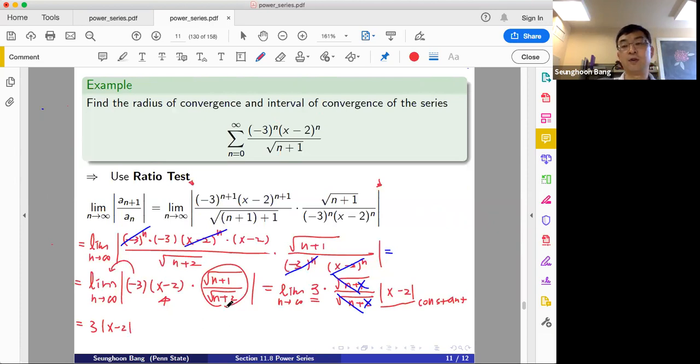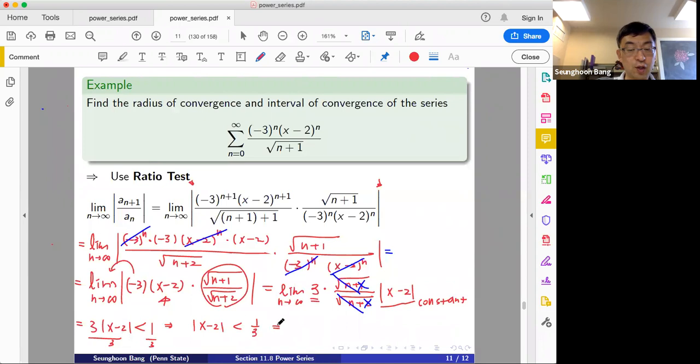When you calculate this limit, you have to ignore lower terms. So root n cancels, and we have this result: we only keep 3 times the absolute value of x minus 2. For convergence, this limit value must be less than 1. So you have to solve this: divide by 3, and the absolute value of x minus 2 is less than 1/3.